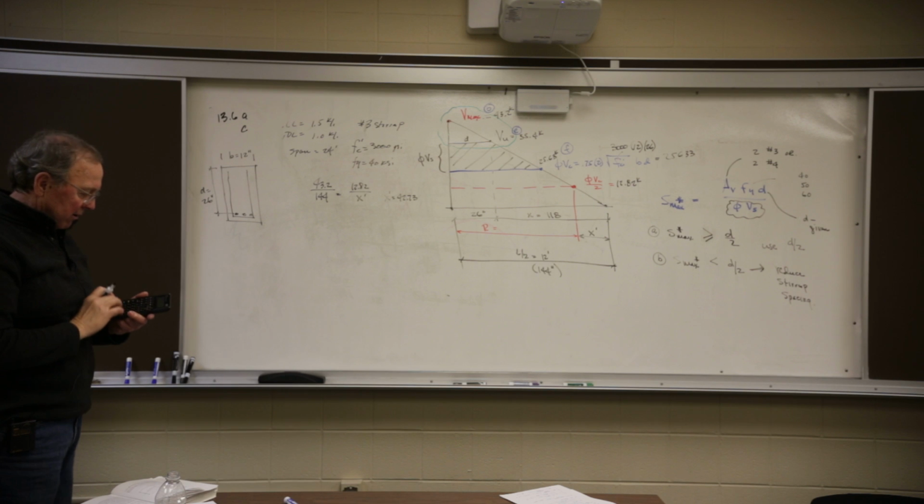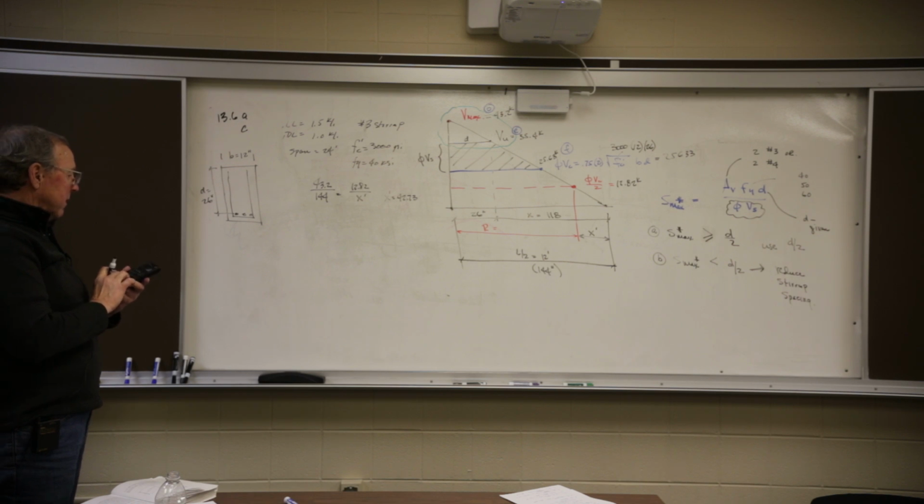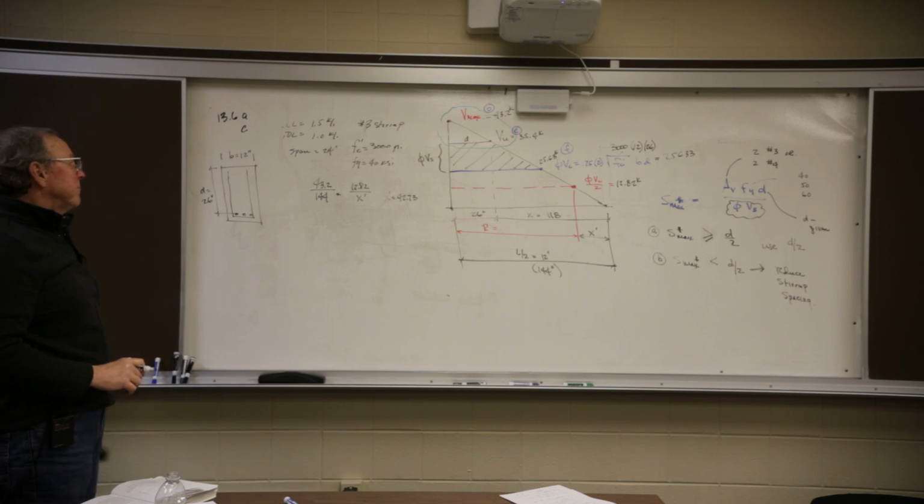I don't want to get the wrong data. 43.2, enter, clear. 12.82, enter, 144 times 43.2 divided. That looks good to me.